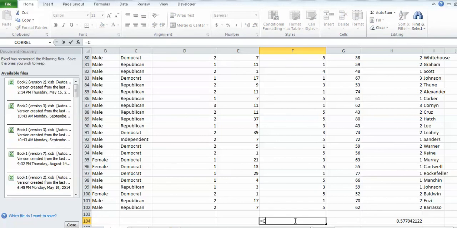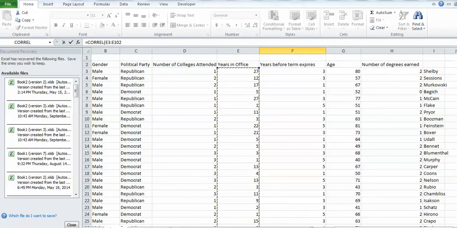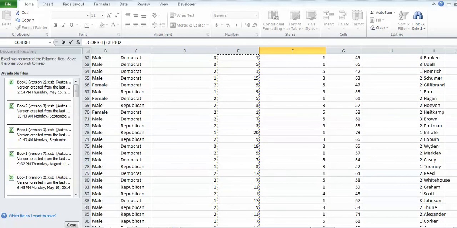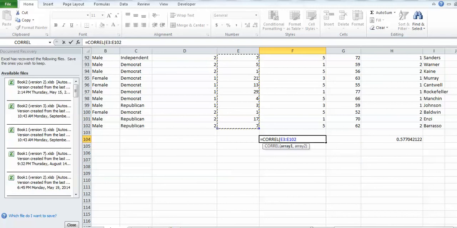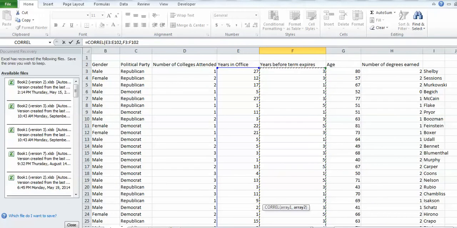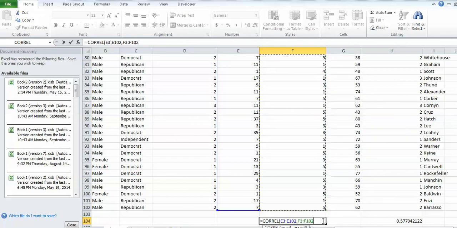We do equals CORREL, parentheses, we highlight this column, we put a comma in here, then we highlight our other column right here. Close the parentheses and click enter.